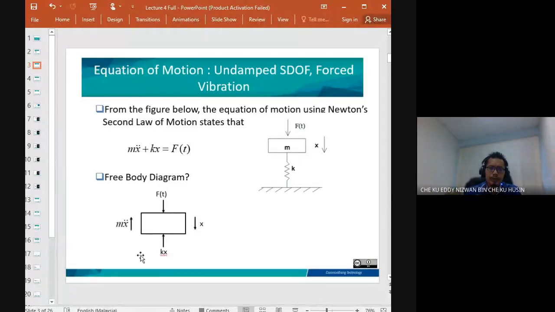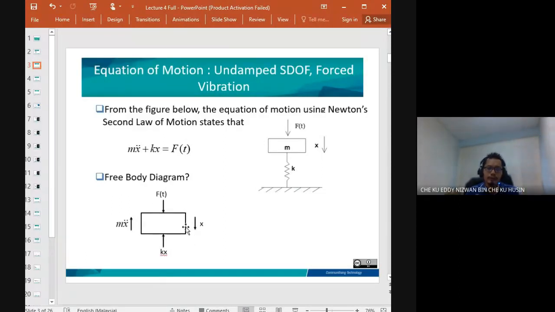For this system, when it goes in the downward direction, the spring is in compression. The magnitude is kx, depending on the displacement x.